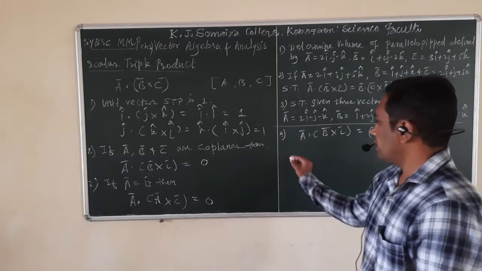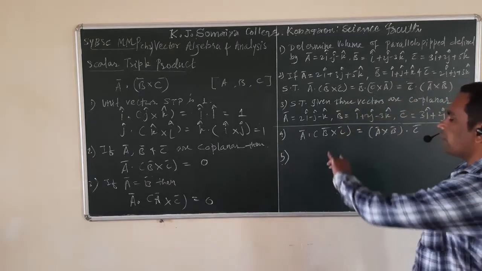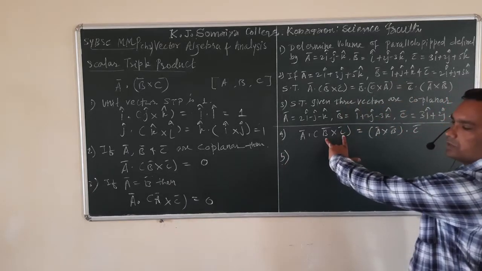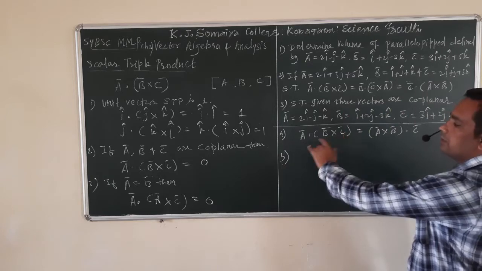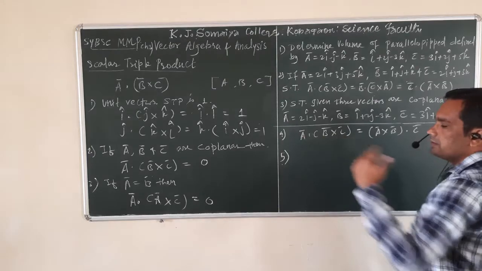Then moving to the next property, if you change the order in scalar triple product, then its sign will get reversed.